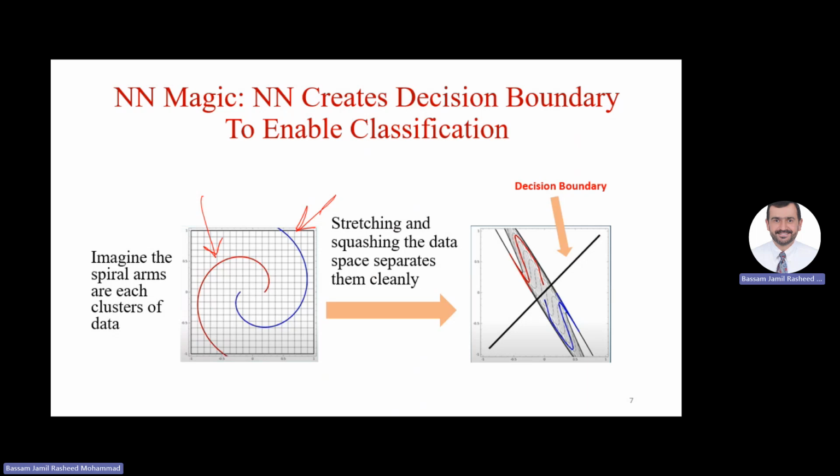I need to classify these points into the points for the blue line and the points for the red line. So I need two regions. The magic of a neural network is that it stretches the space, almost like dough. It stretches the space in a way that makes it easy to classify those.